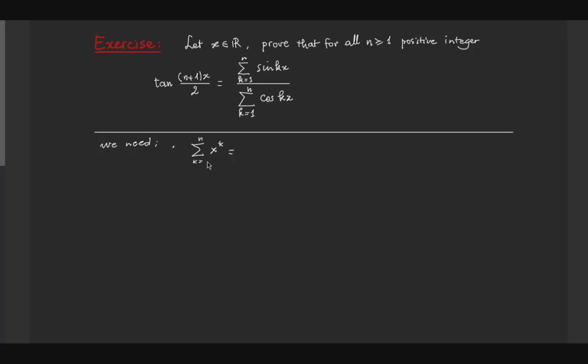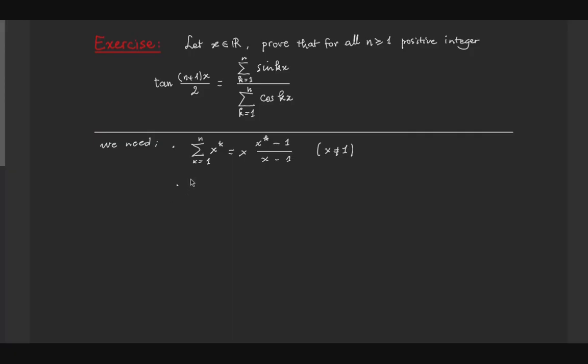So the sum from k equals 1 to n of x to the k is equal to x times (x to the n minus 1) over x minus 1. But that is true for x, of course, different from 1.